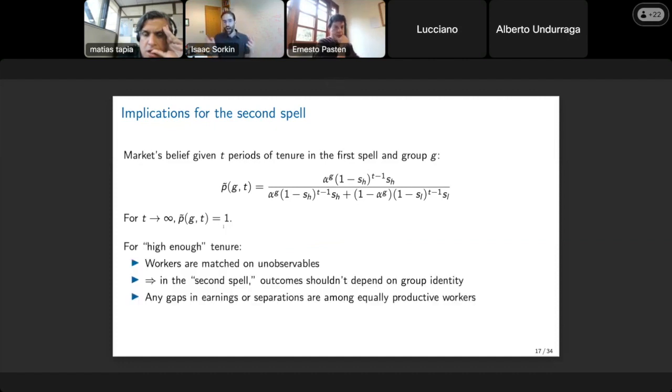So for high enough tenure, we can think about workers as being matched on unobservables. Then in a second spell, outcomes shouldn't depend on group identity, because any gaps in earnings or separations are among equally productive workers. Okay, so that's what I wanted to get out of that.